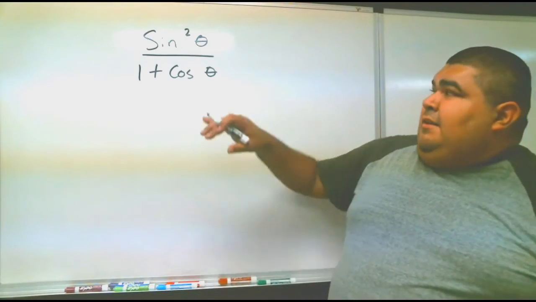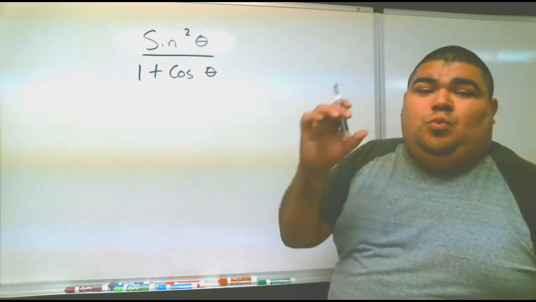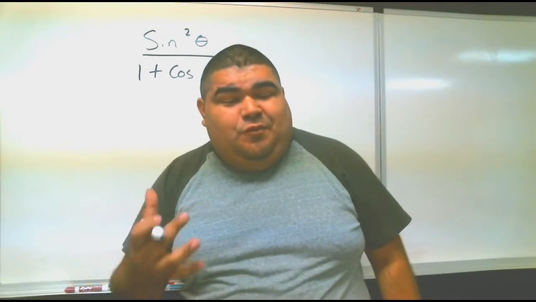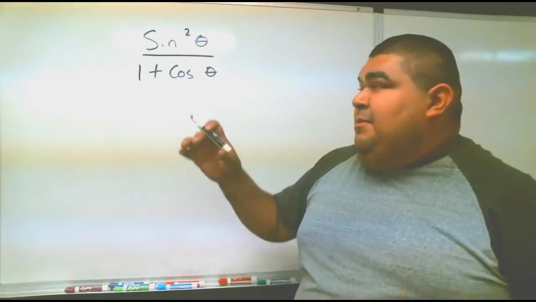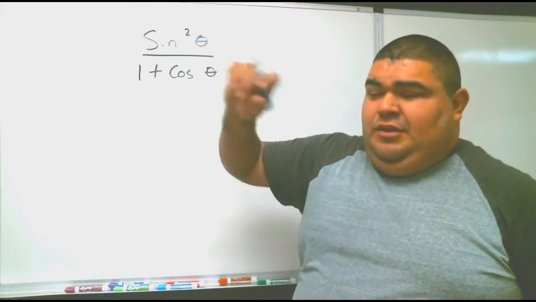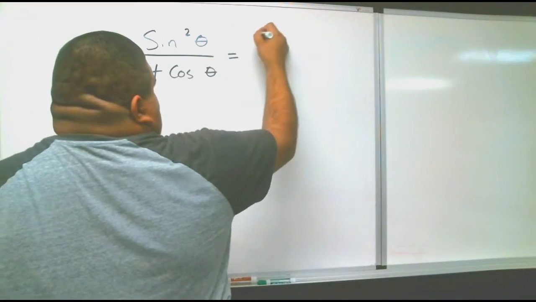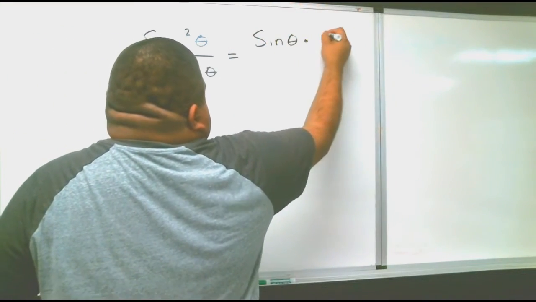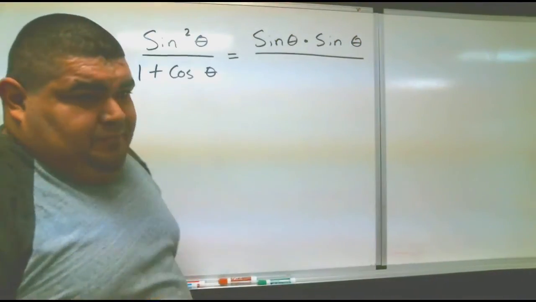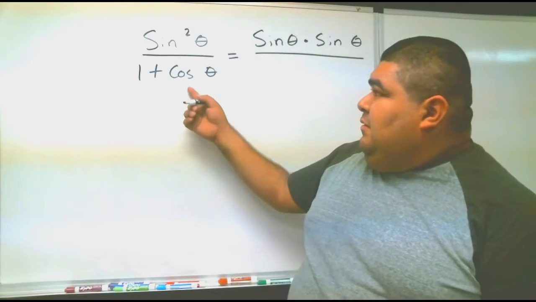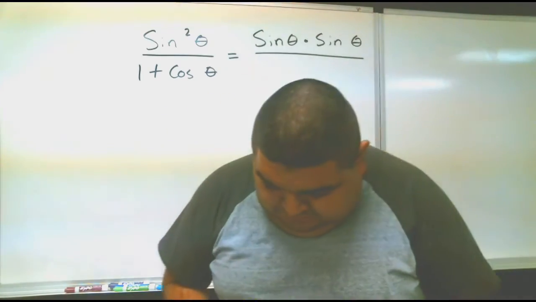Keep in mind, again, in order to make sine squared theta into its purest form, we can take out 2 sine thetas, right? Because sine theta times sine theta makes sine squared theta. So it's like saying sine theta times sine theta over, if we look at the chart, this can pretty much be converted, 1 plus cosine theta.